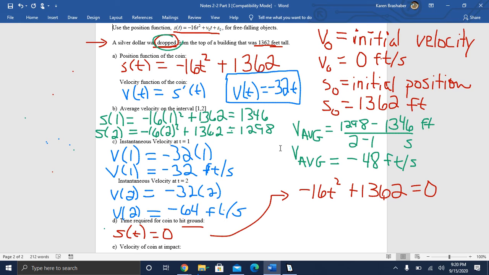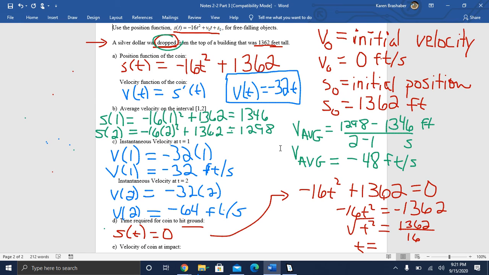We could subtract the 1,362 and then divide by the negative 16. That's going to get us t squared equals whatever that fraction is, 1,362 over 16.